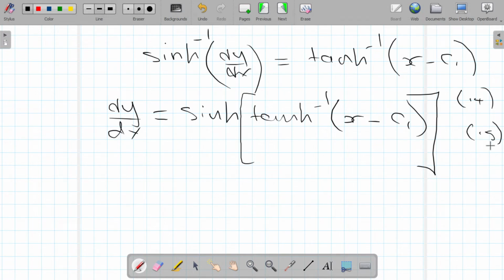So I hope that's reasonably clear. So now what we need to do is separate out this equation and put it into integral form.